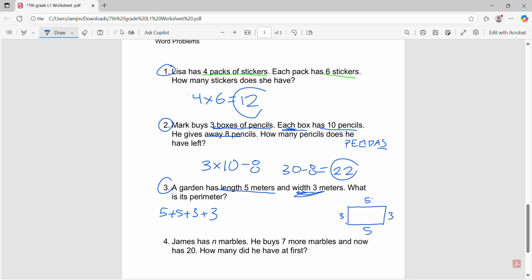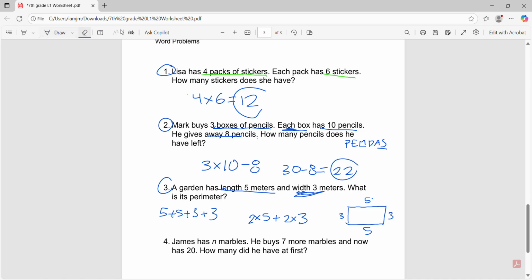So, what do we notice? 5 plus 5. We can use multiplication here. We can use 2 times 5. That's the same as 5 plus 5, but it's much more interesting. 2 times 5 plus 2 times 3.